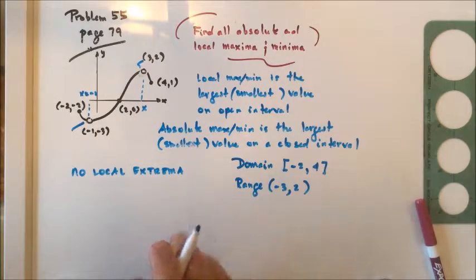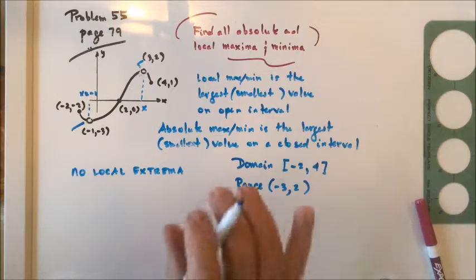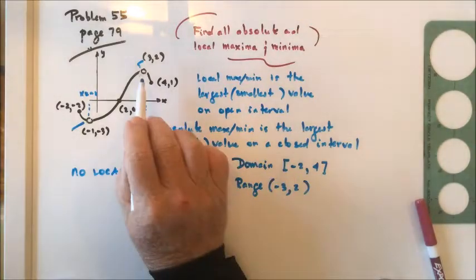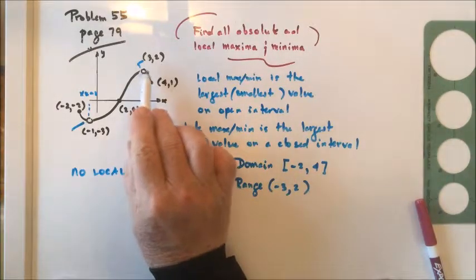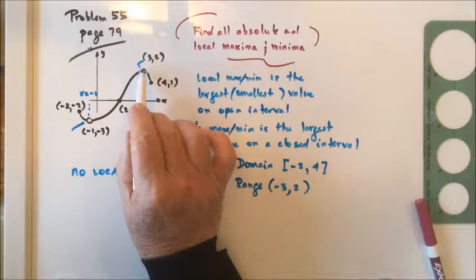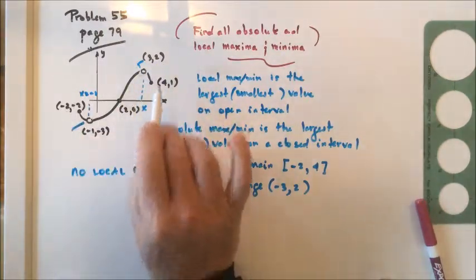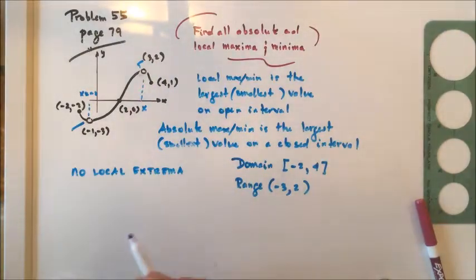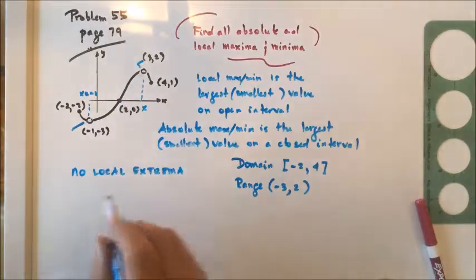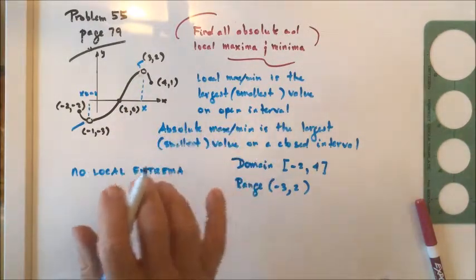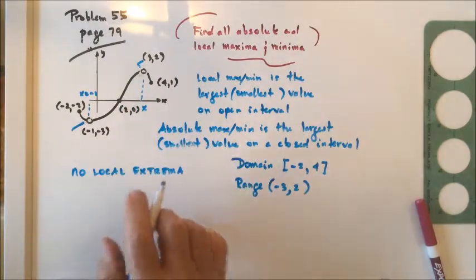And likewise, if we start to look now for the absolute largest value, you find that there is no largest value. Again, if this was a point on the curve, the largest value over the entire domain would be 2, and the absolute maximum would be 2, but that point doesn't exist. So there's no absolute maximum.